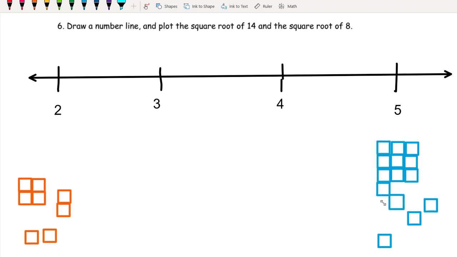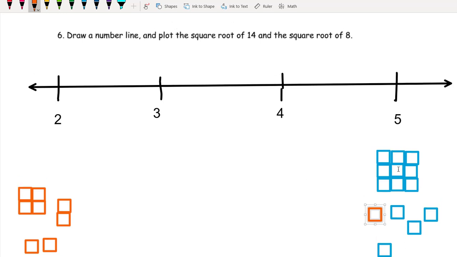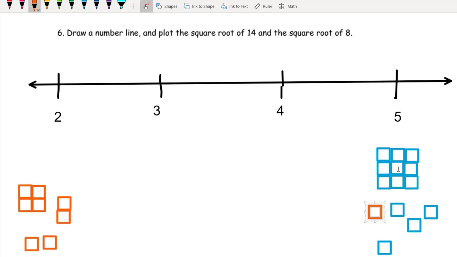It'll be some other odd shape. Okay, so what is the length of just one side of this square right here? If you said 3, you'd be correct. Just the length of one side of this square is 3.